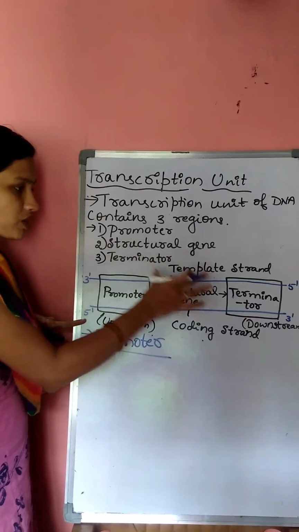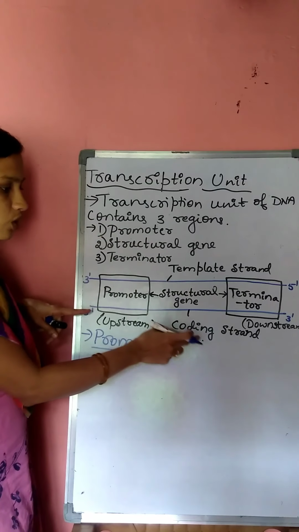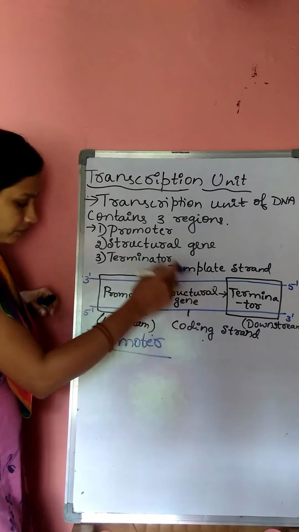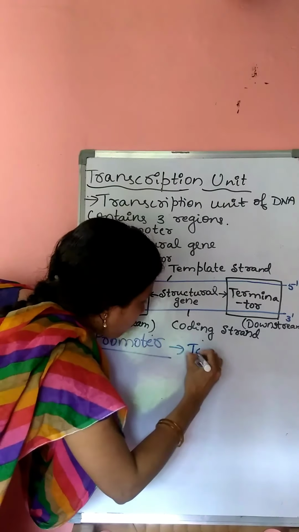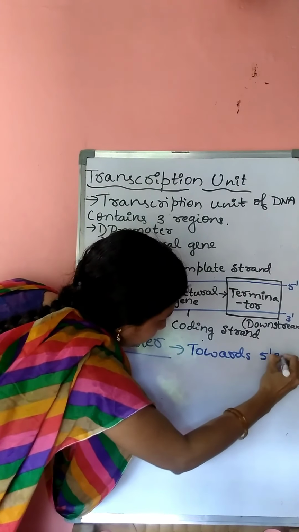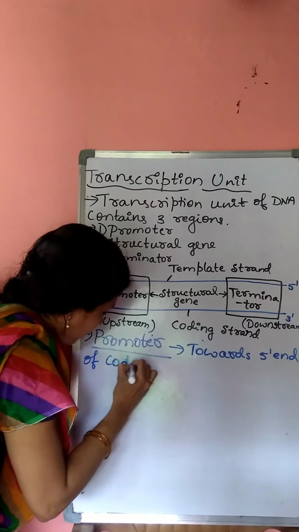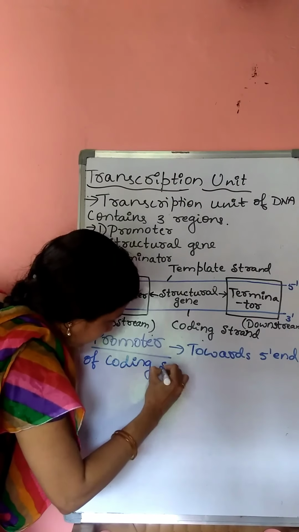The regions present in the transcription unit are named based on the coding strand.